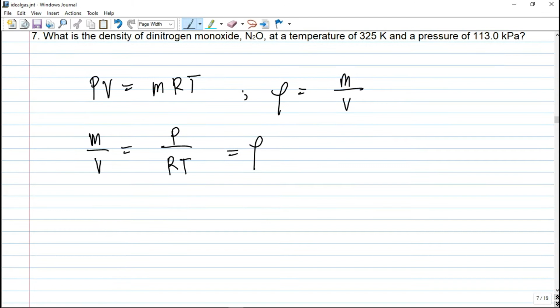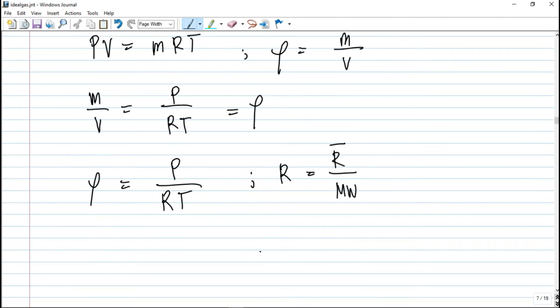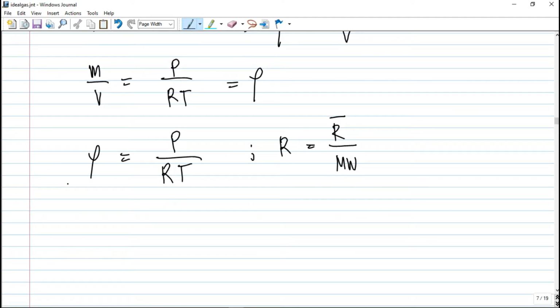Density is just equal to the pressure all over the gas constant times the temperature. But here, we have no gas constant. From our concept before, the gas constant is equal to the universal gas constant divided by the molecular weight of that specific gas.